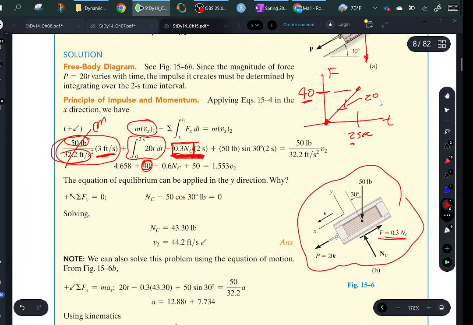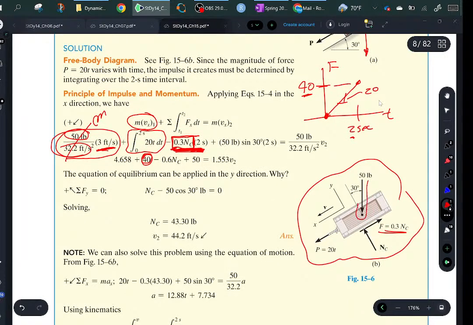Does he do a free body diagram? Yes, he does. The weight of this thing does not change. Also, because of that, you have a value this way, 50 sine of 30, which occurs constantly over 3 seconds.